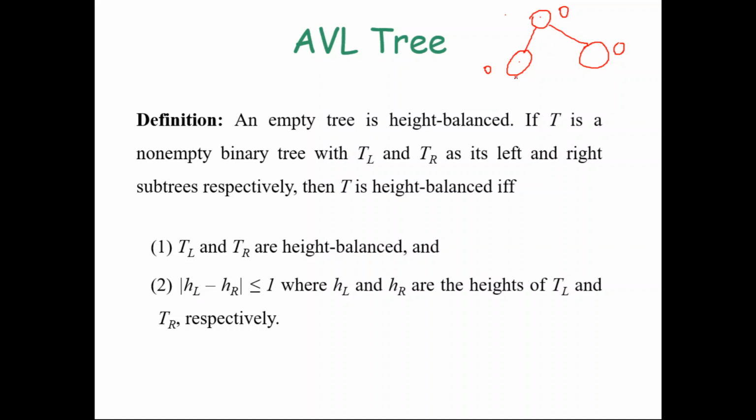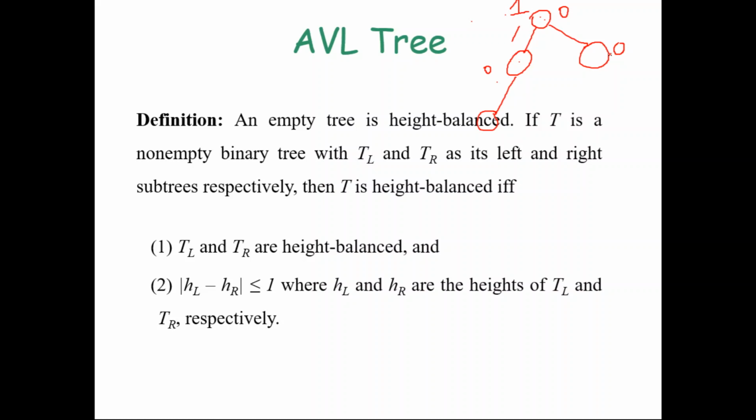So it is a balanced tree. Now say that I am adding a node here. Now what is the height of the left subtree of the root? It is 2, and the right is 1, so 2 minus 1 is 1.